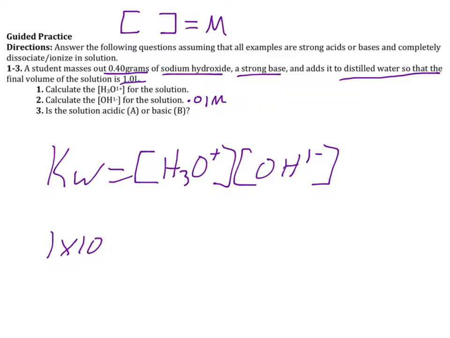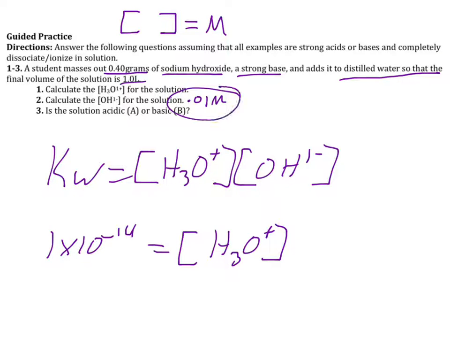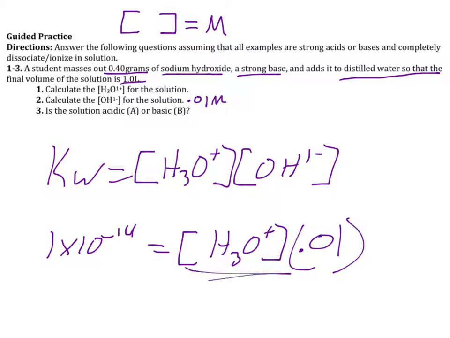Kw is 1 times 10 to the negative 14. We are looking for the hydronium ion concentration, and we just calculated the molarity of the hydroxide, which is 0.01. And so all we have to do is solve for the hydronium ion concentration by dividing by 0.01, and then we can get our answer.